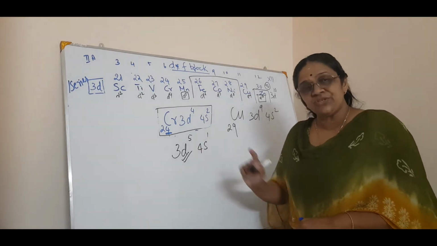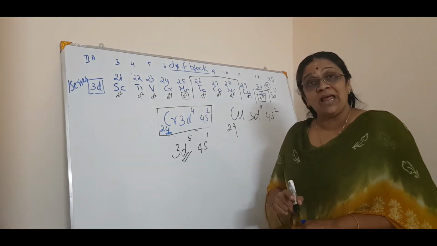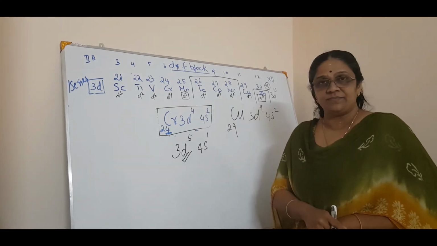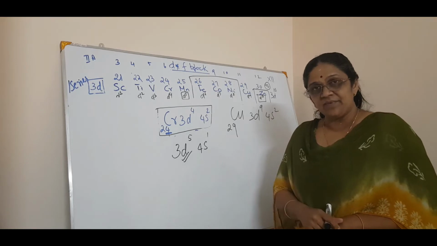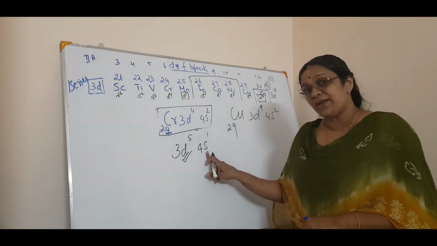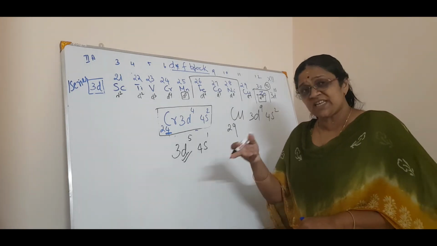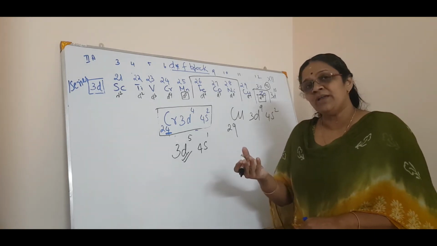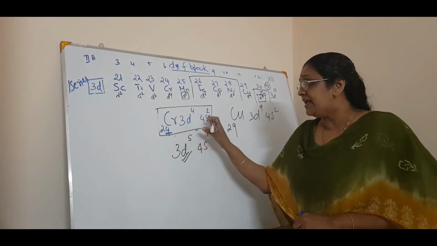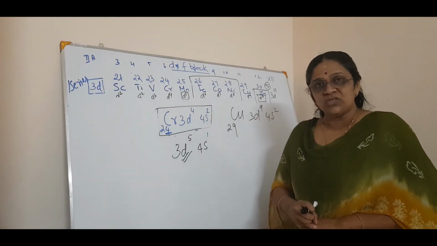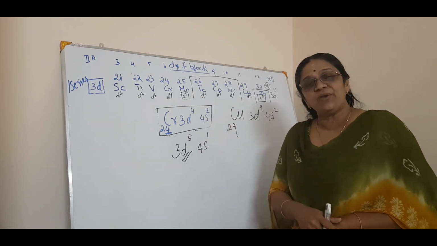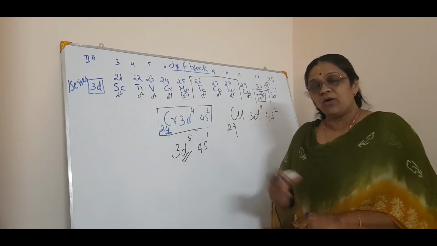Because when it jumps into the d orbital, the d orbital will have half-filled stability, and so it is 4s1. That is why I told you they have a small energy gap. Questions can be asked. So what's the value point? The energy gap between the d and the s is very small, so the s electrons can jump into the d orbitals.